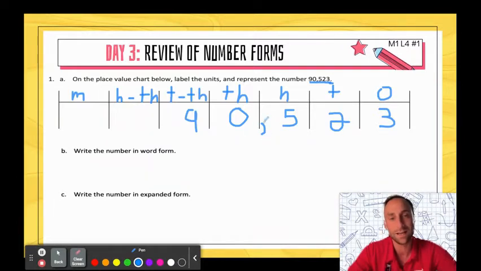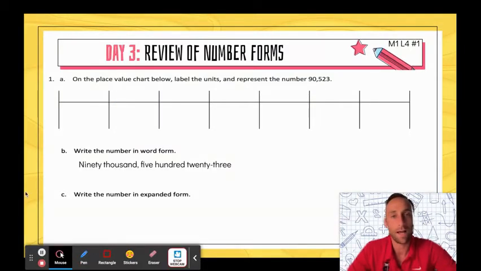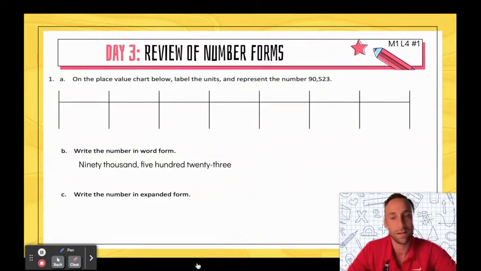So below, I have typed ninety thousand, five hundred twenty-three, right? You simply write it how you say it, right? Okay.